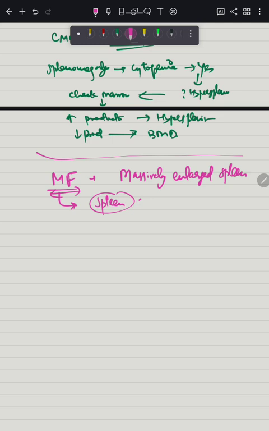So the production is increased in the spleen, but at the same time there is hypersplenism. Hypersplenism is a functional disorder of the spleen, so it destroys cells. Spleen sequesters and destroys blood cells. So this is production and this is destruction.